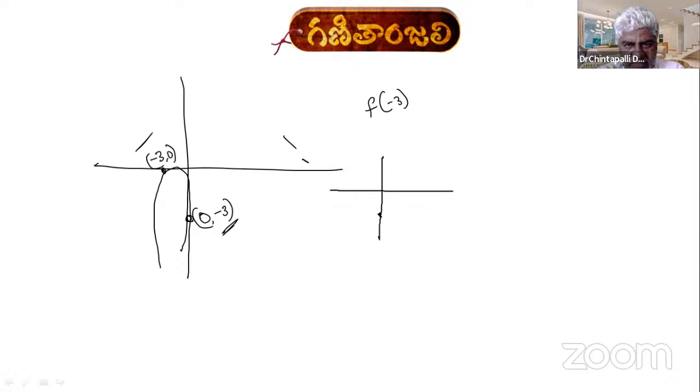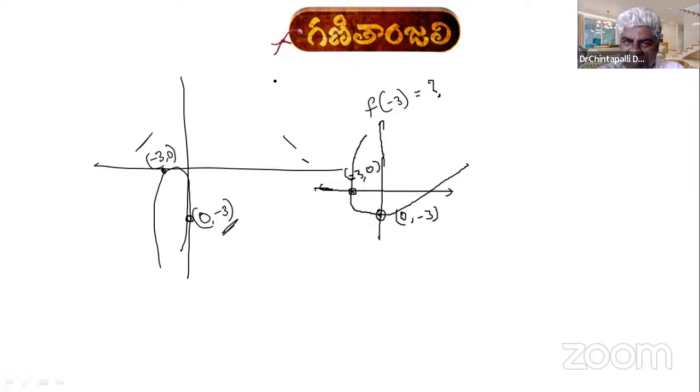It is 0, -3, and it is -3, 0. If a curve or a line passes through these two points, we want to know what is f of -3. Is it 0 or -3?